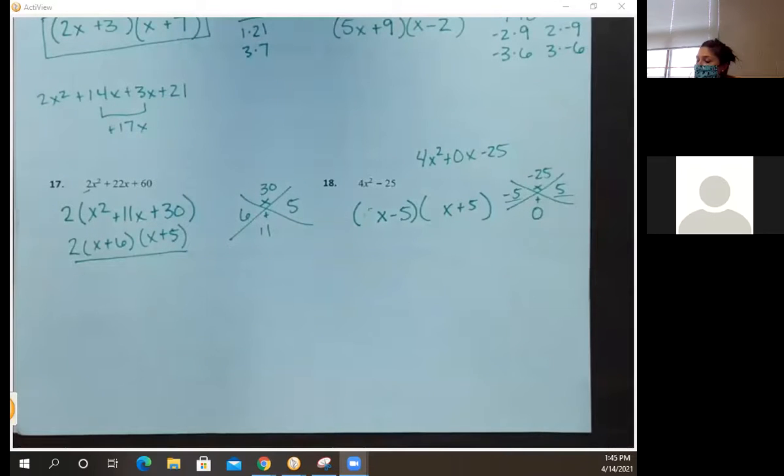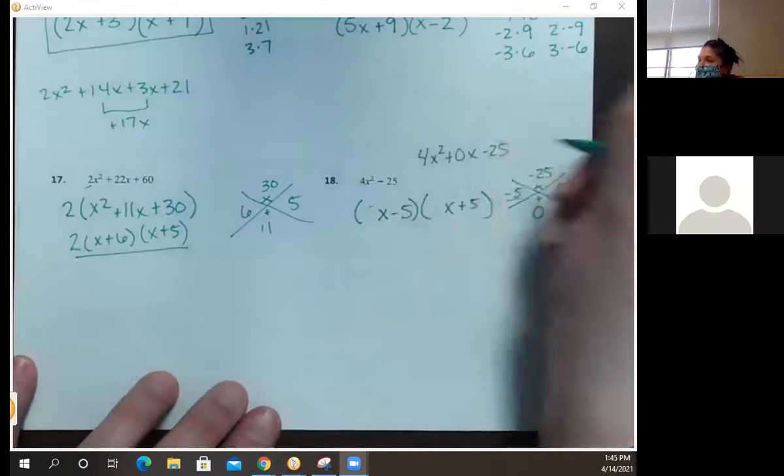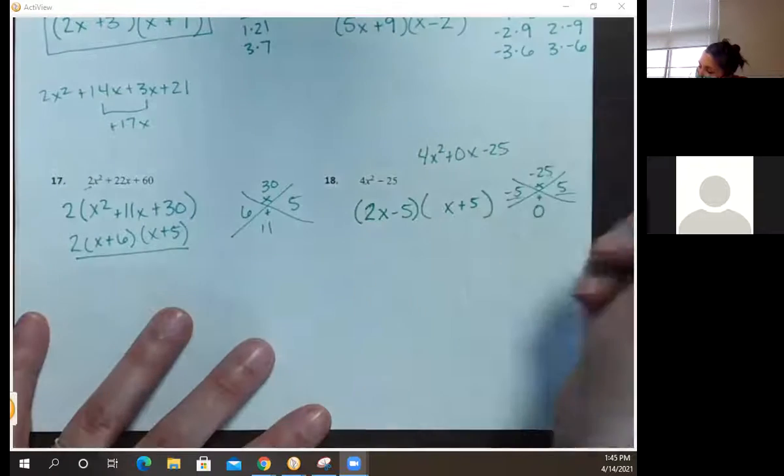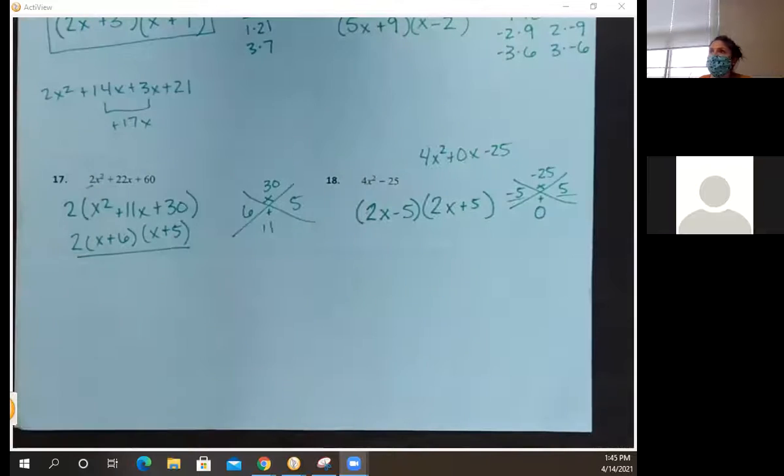The way I'm going to get those numbers to be the same is if the factors I pick for 4 are the same number. So what times itself would give me 4? Another way to ask that would be, what's the square root of 4? 2. So 2x minus 5 times 2x plus 5. Questions for me on number 18?